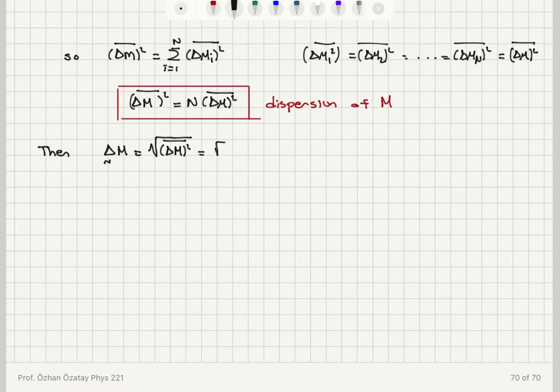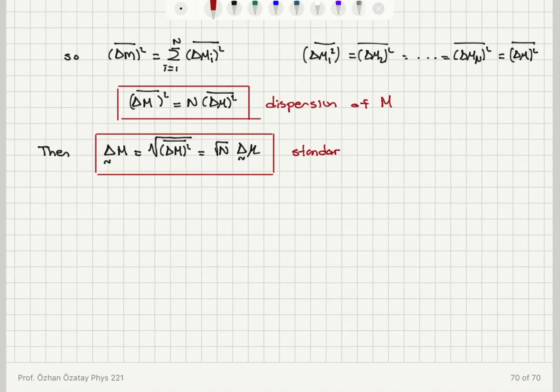So it will be the square root of N times the standard deviation of the magnetic moment per spin. So I have this result for standard deviation of m from its mean value.